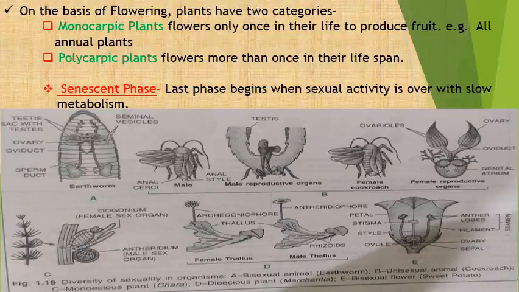And the last segment of the picture is represented by E. It is a bisexual flower where both reproductive units are present in a single flower, meaning the gynoecium as well as the androecium. Both structures are present in the single flower.